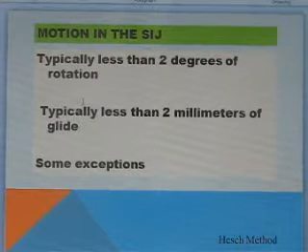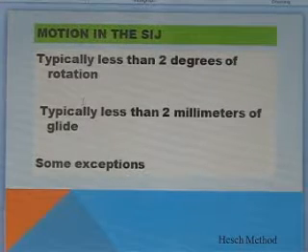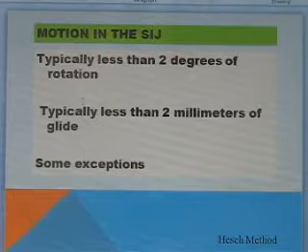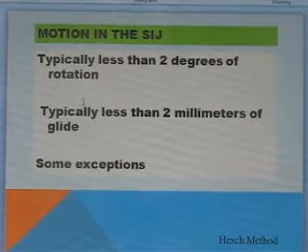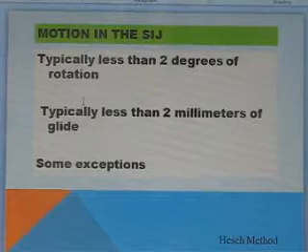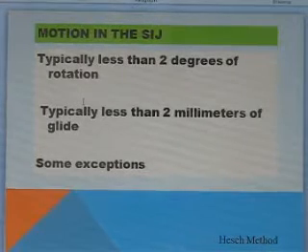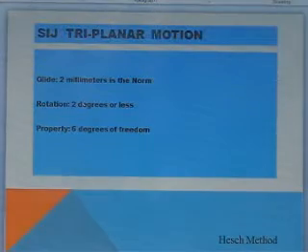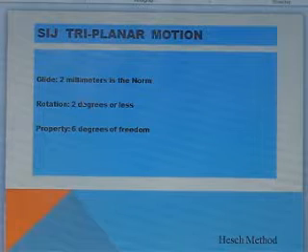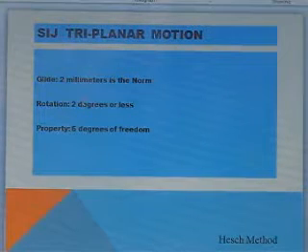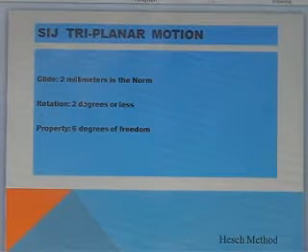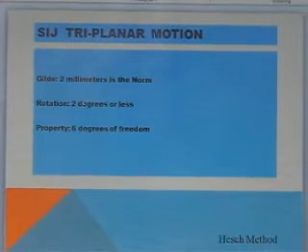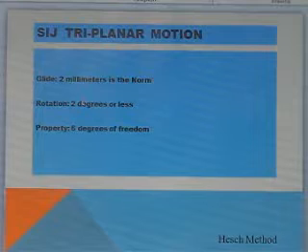And certainly in the peripartum and postpartum states, the pelvis is much more mobile, and some people do sustain trauma such that their motion is much more than that. Motion is tri-planar, and the main concept is that the joint properties allow for 6 degrees of freedom in the pelvis.